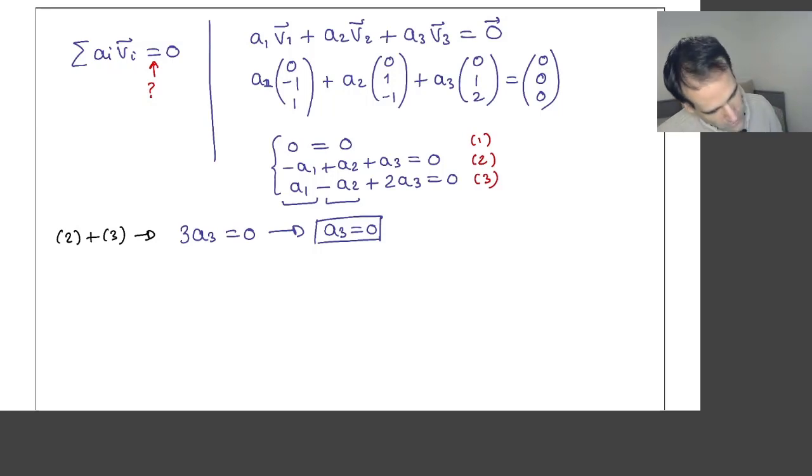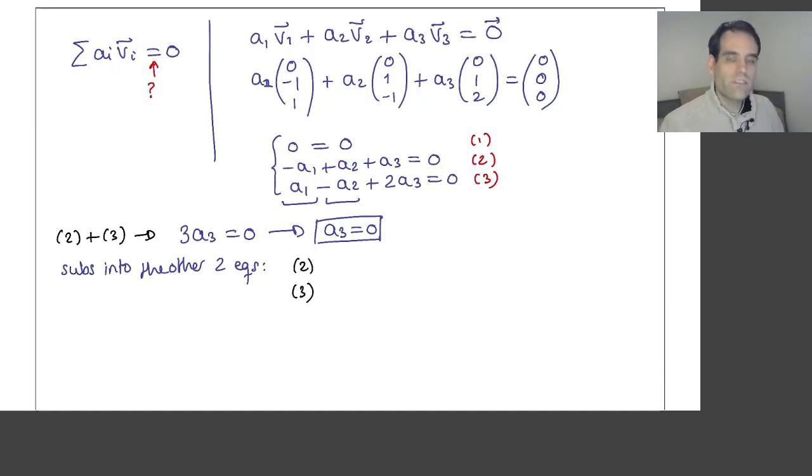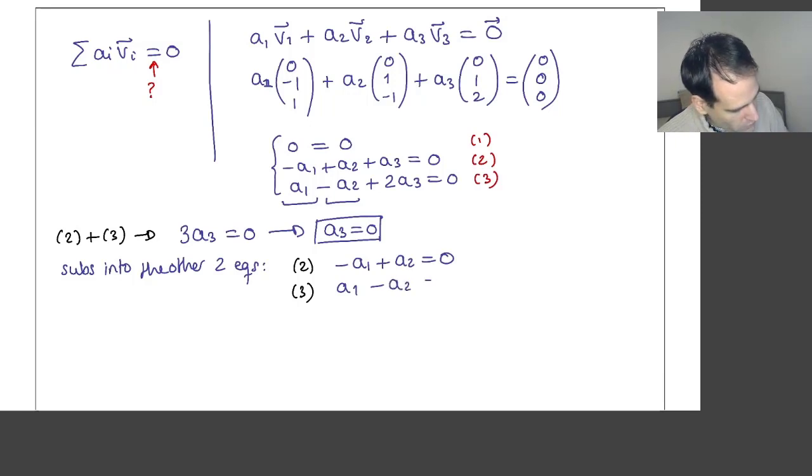But now we substitute this solution into the other two. So equations 2 and 3, how do they end up looking once you substitute A3 equals 0? They look like this: minus A1 plus A2 equals 0, and A1 minus A2 equals 0.